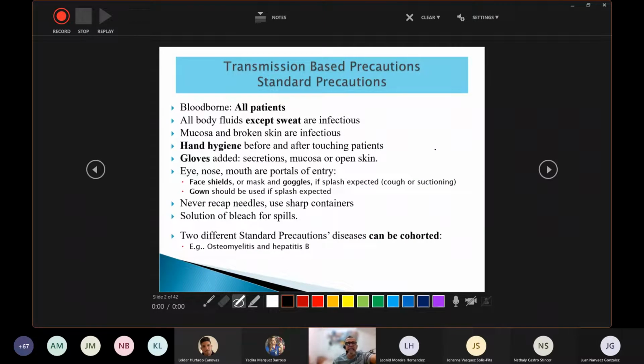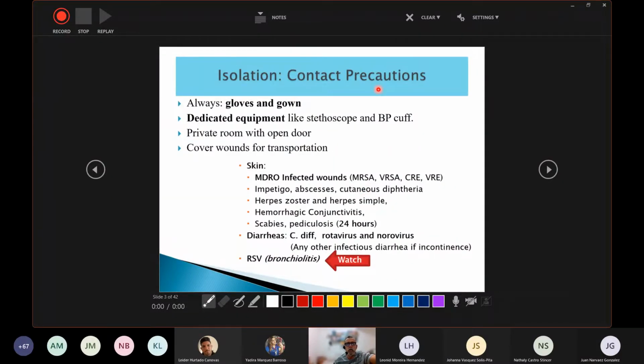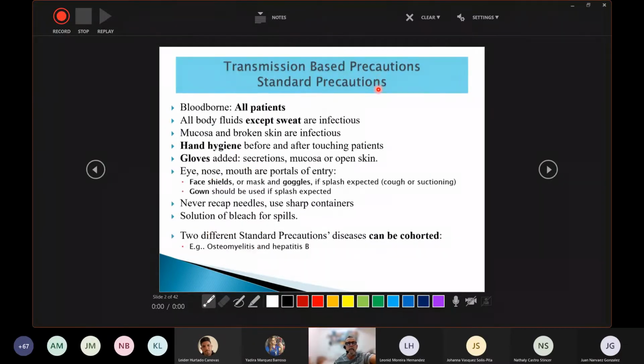Diseases that are only standard don't require this tier 2 level of isolation, this added level of isolation, contact, droplet, and airborne. Yes? They don't need isolation. It means that they can be with other clients, even in the same room.